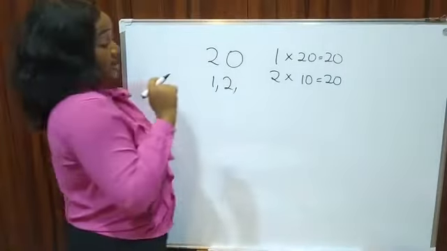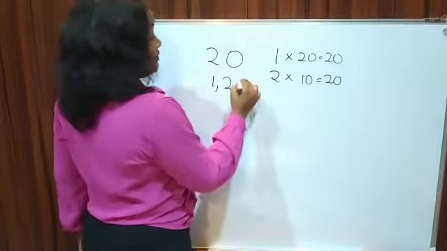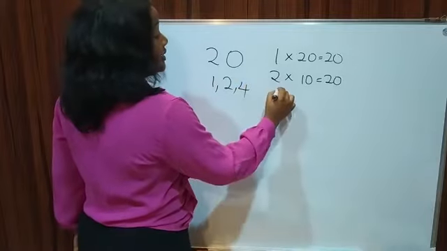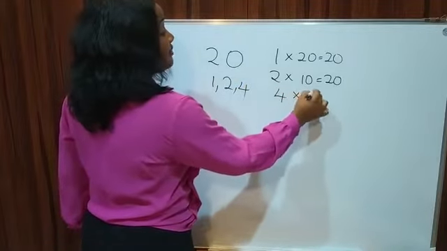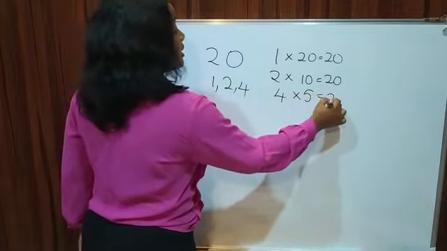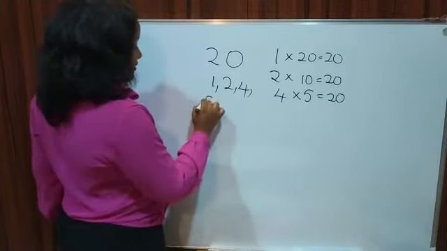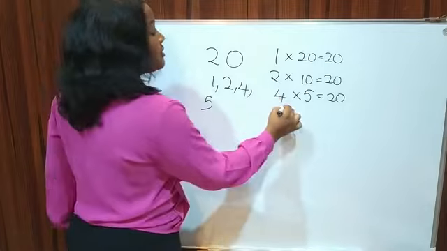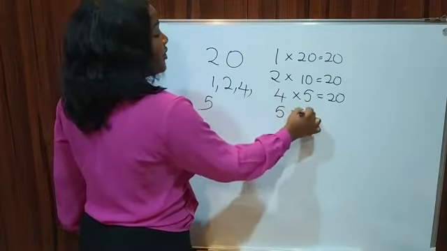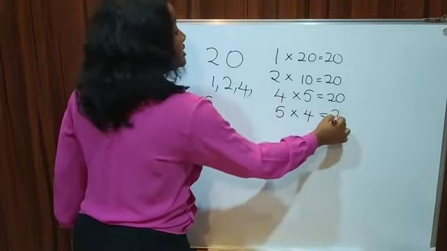And 3 is not a factor. 4 is a factor. Okay? 4 times 5 equals 20. And 5 is a factor, of course, because 5 times 4 still equals 20.